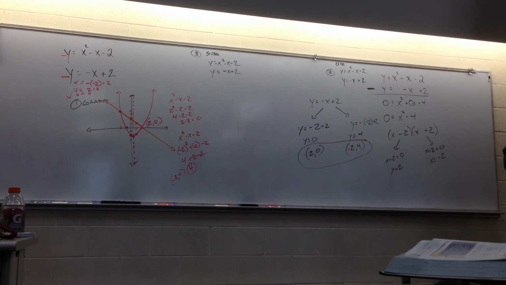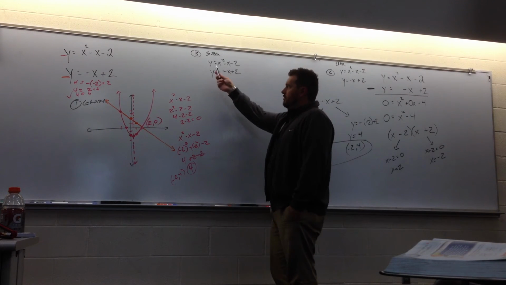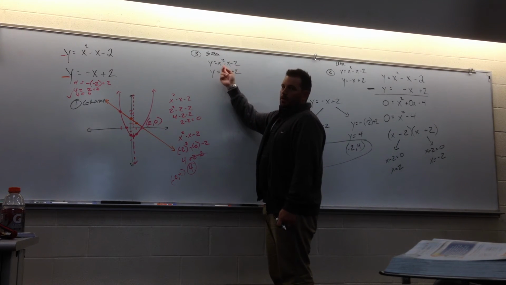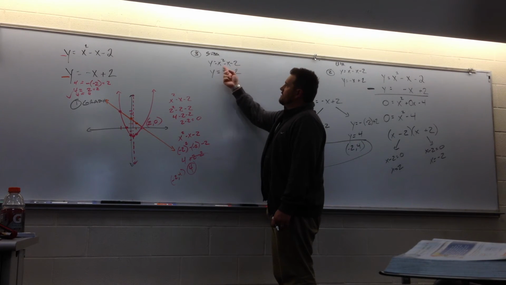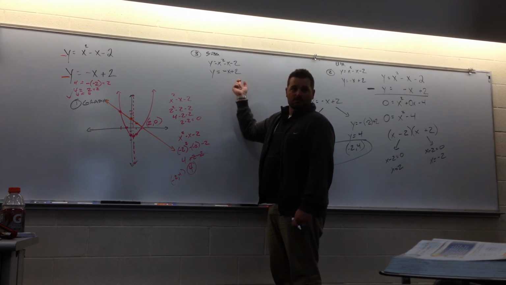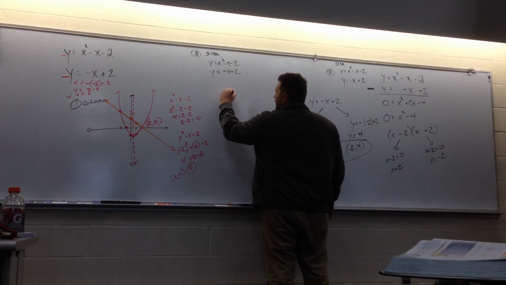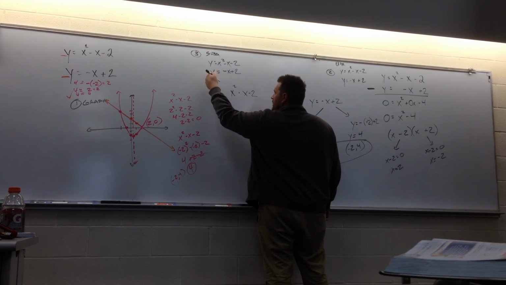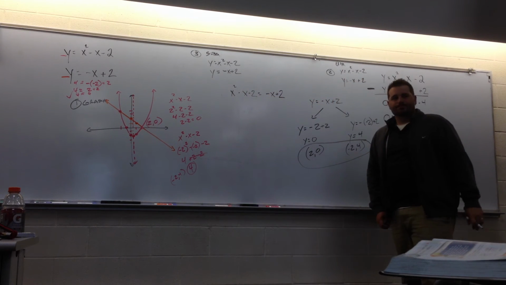What do you notice about those two? They're already both equal to y. So if this is equal to y, and this is equal to y, then this has to be equal to this. Does that make sense? Or if you want to think about it a different way, I'm going to take this and plug it in for this y.